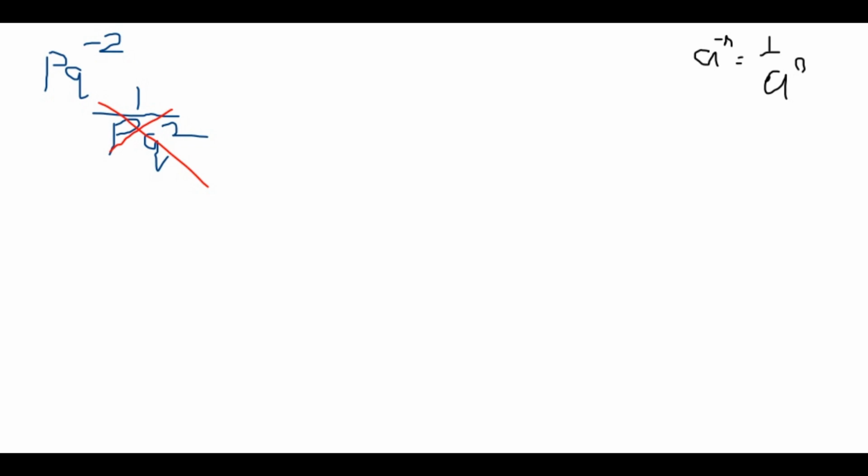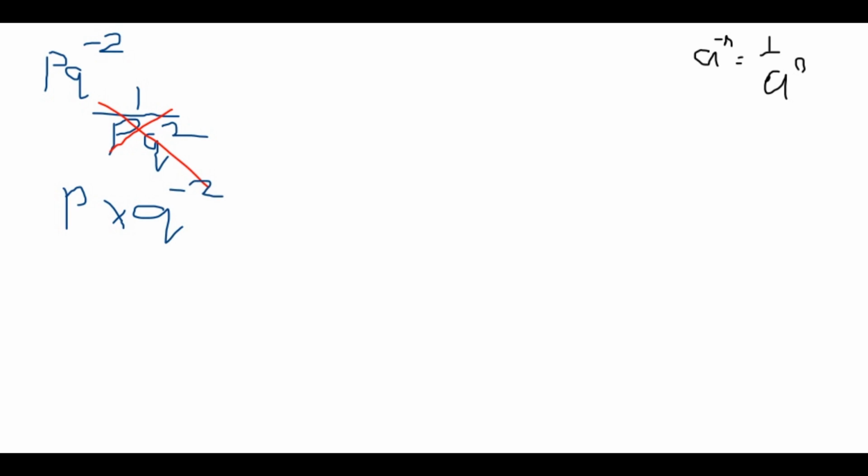Now what you are supposed to do is take note that pq is p times q. That is one thing you should take note of. And pq to the power of negative 2 is p times q to the power of negative 2.